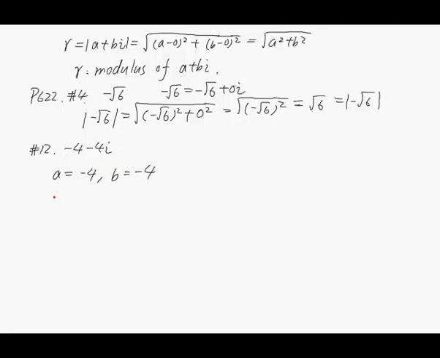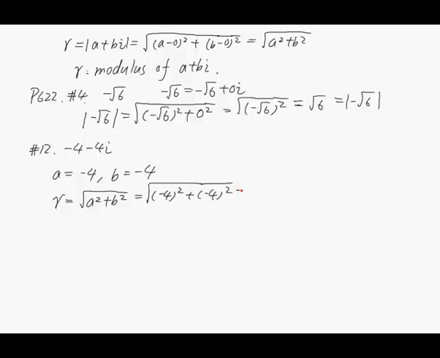So now the modulus r is equal to the square root of a squared plus b squared, which is the square root of the square of -4 plus the square of -4.